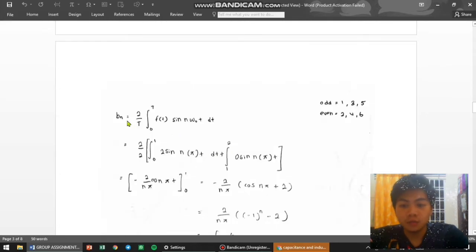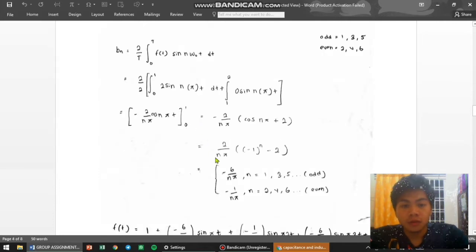For B n we use the B n formula and insert the information that we have. Until this point, we must know what value that we got, whether it is from odd or even. So for the odd we got negative 6 over n pi, and for even we got negative 1 over n pi.